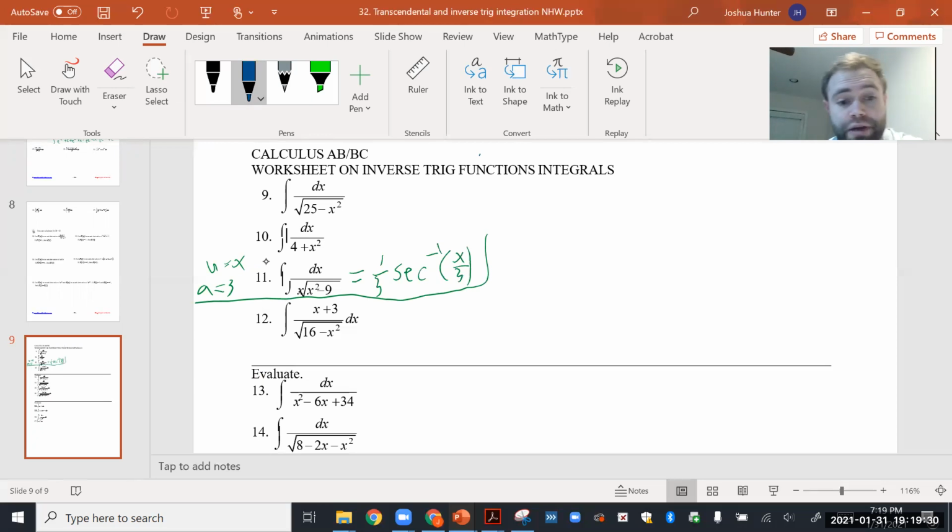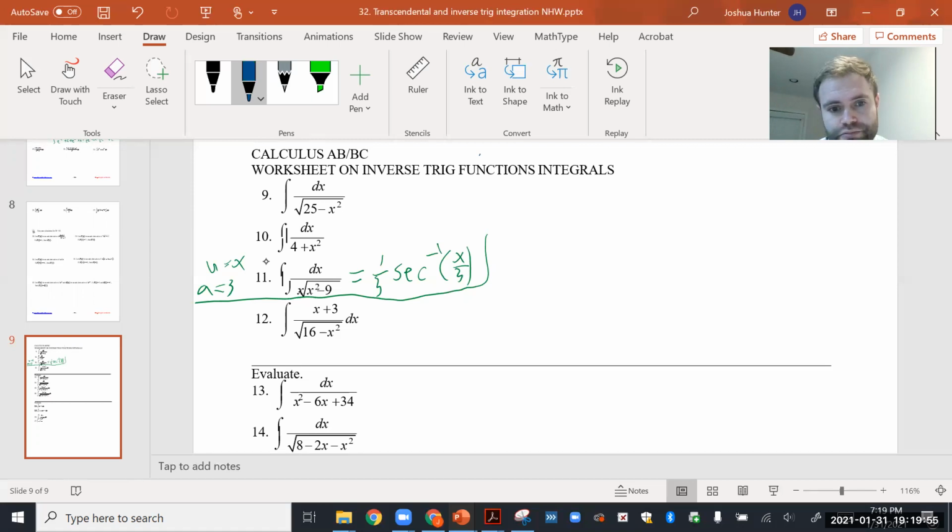We have an x and a 3 in the numerator. Having the square root of a number minus x squared in the denominator, especially on an inverse trig worksheet and having just discussed a lot of inverse trig problems, makes me think it's an inverse sine problem, but inverse sine would not have an x on top.